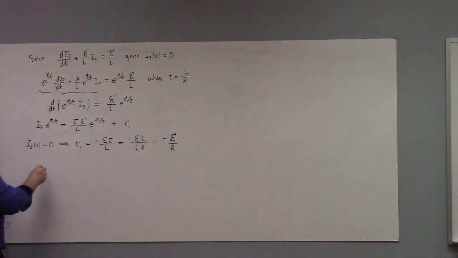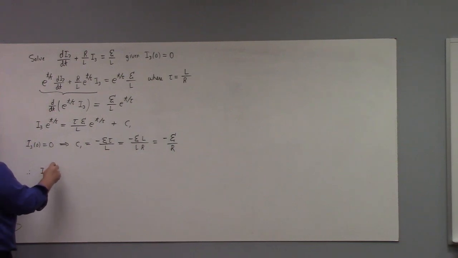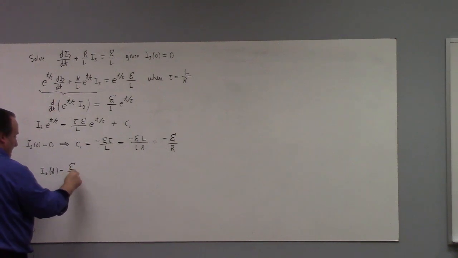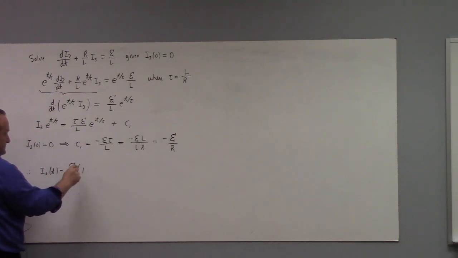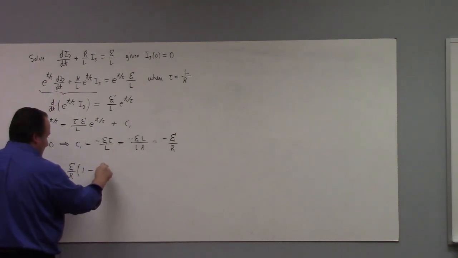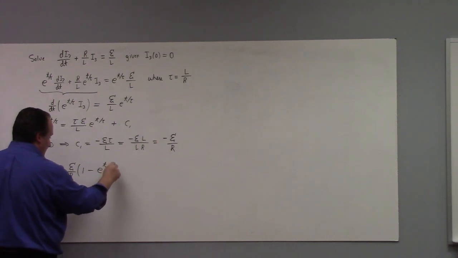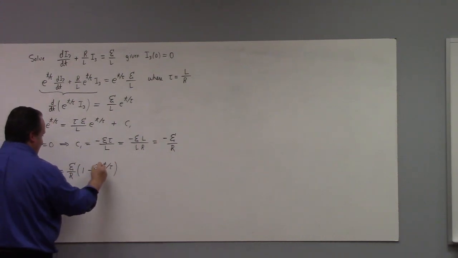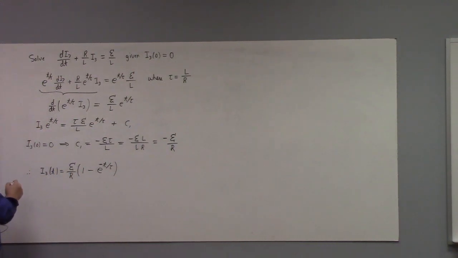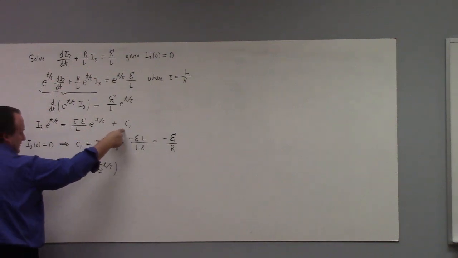So lo and behold, the current through the resistor, I as a function of t, is just equal to E over R times 1 minus e to the minus t over tau. There's a minus here, if I did it right, because I have to divide by the e to the t over tau, which cancels the two exponentials out and just leaves me with 1 on the constant.